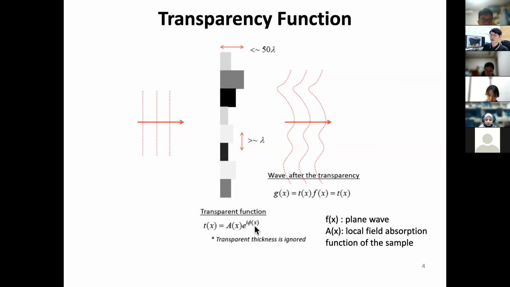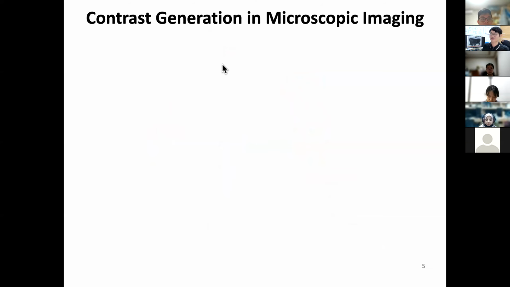Here we ignore some details, but we simplify in this way. So I hope this makes it a little clearer that we can generalize this condition of transparency. This transparency, in fact, is what we call the distribution of a sample in space.